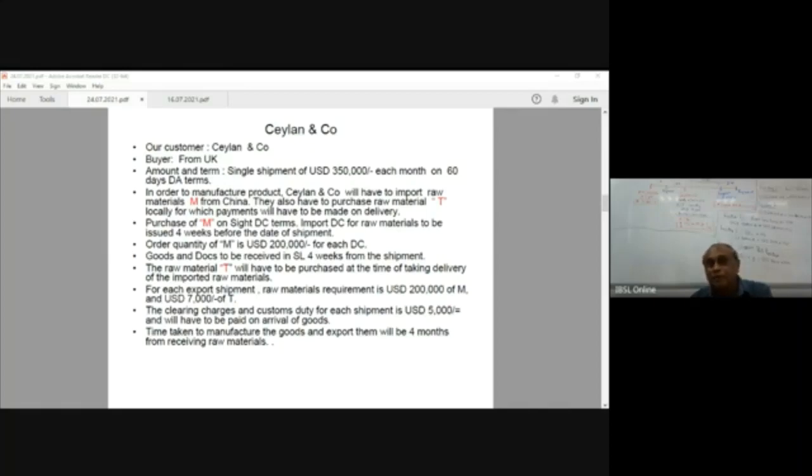Now, this has happened to HSBC Sharjah branch. They had a customer with about 5 or 6 collection bills, all DA bills.